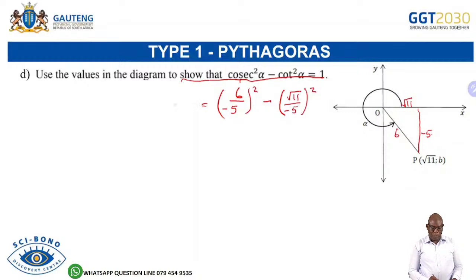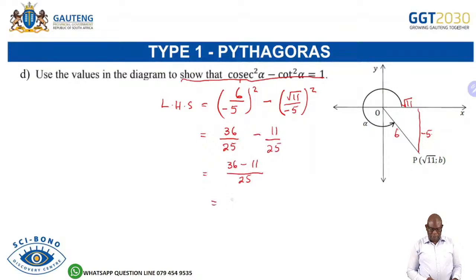Remember, I'm working on my left hand side. I want to show that what I have here will be the same as 1. My answer here must be equal to 1. So 6 squared is 36. -5 squared is 25. Square root of 11 squared is 11. And this is 25. So I'll have 36 over 25 minus 11 over 25.